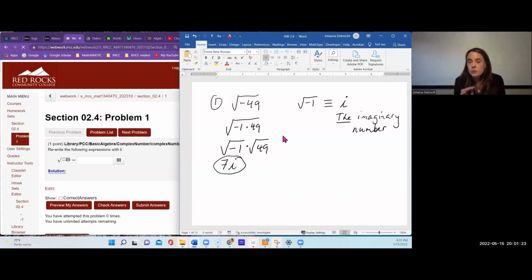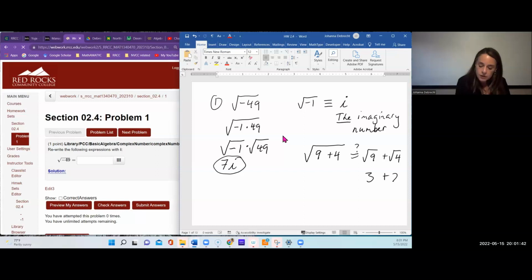Now, I said there's a reason you cannot split across addition. Let's test it on something we know and see if it's true. We're wanting to know, is the square root of 9 plus 4 equal to the square root of 9 plus the square root of 4? Well, the square root of 9 is 3, and the square root of 4 is 2, which gives me a 5. On the left, though, 9 plus 4 gives me 13. 13 is less than 16.